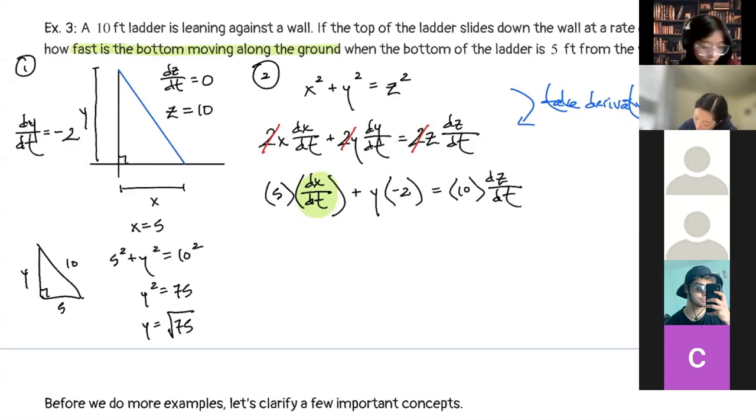It could be helpful in this problem to write this as 5 root 3. But we don't have to do that necessarily. Great question. So plus or minus? Well, if we had a plus, that would mean how high the ladder is above the ground.